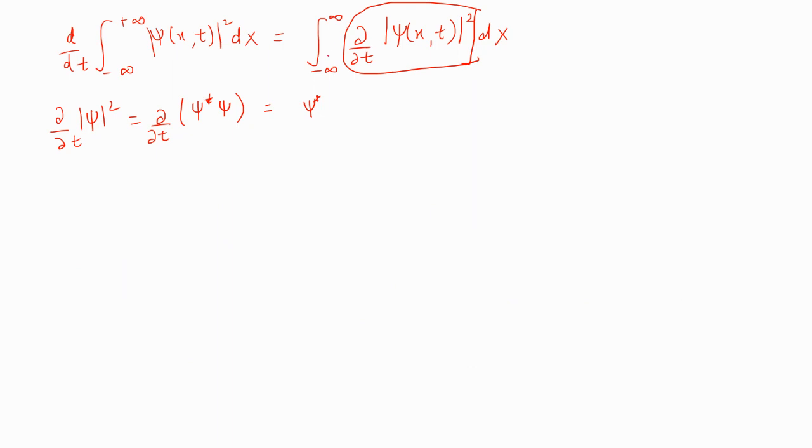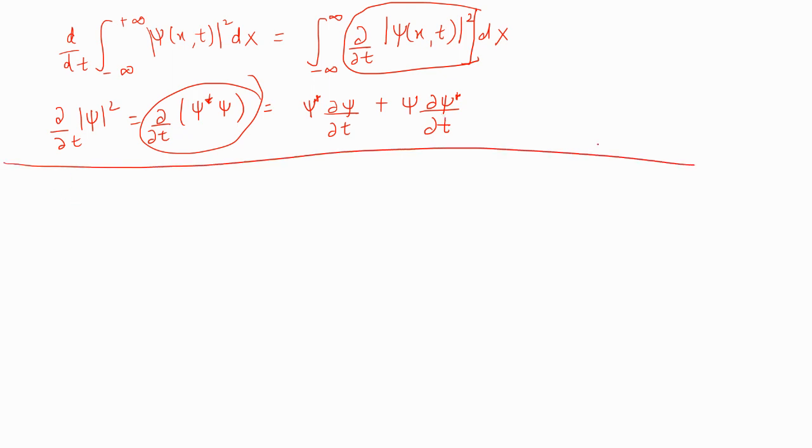So we were here. Now I am differentiating this part: psi star d psi by dt plus psi d psi star by dt, right? What you need to do is write the Schrodinger equation.